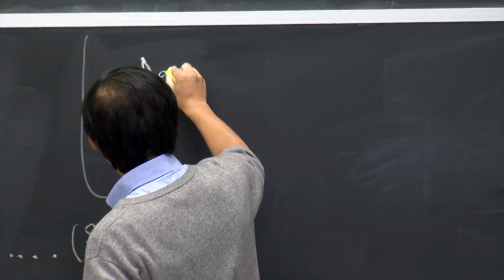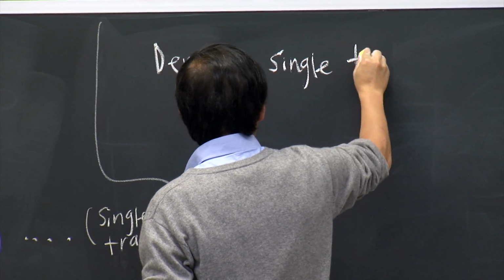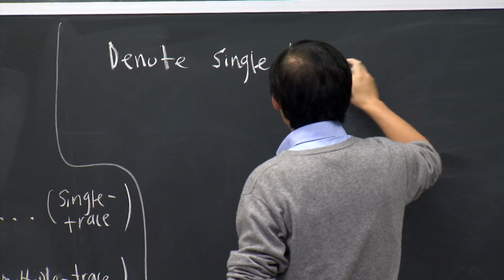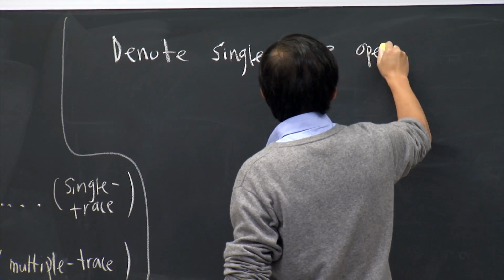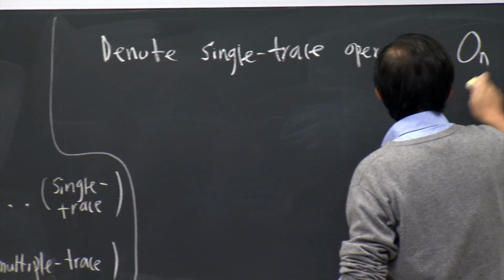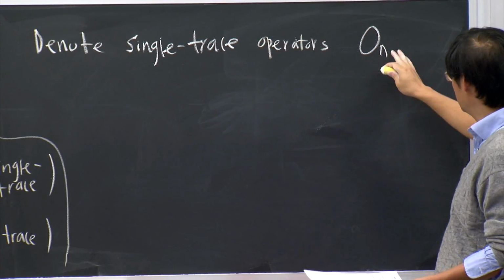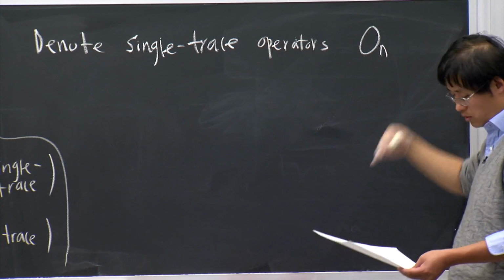So just for notational simplicity, from now on, I will denote the single trace operators collectively just as O with some script n, which denotes the different operators. Okay, so n denotes different operators.